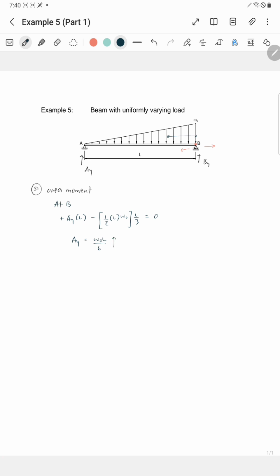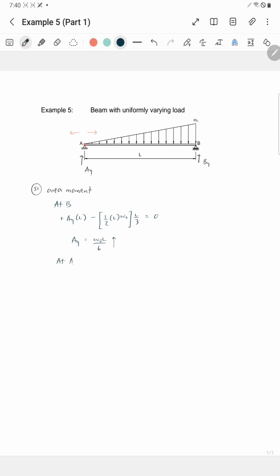Positive meaning our assumption is correct, no? The direction is upward. Then to solve for BY, we take moment about A. So moment left equals moment right.